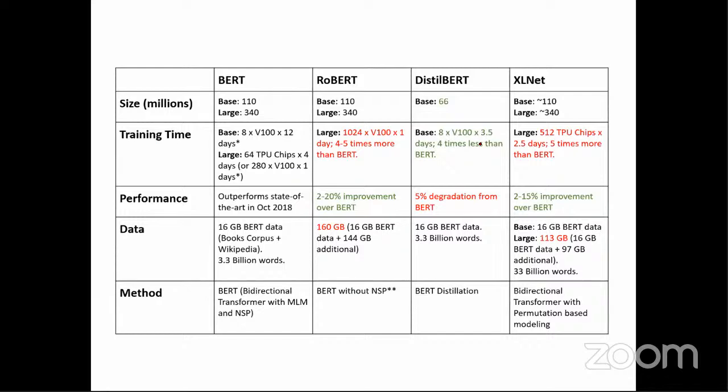As I said, DistilBERT and XLNet are extensions of the BERT model. You can see the comparison: how much time it takes for training and how much the performance increases or not. Compared to BERT, RoBERTa was giving a 20% improvement. Data starts from 16 GB, 160 GB, and finally 130 GB for XLNet.